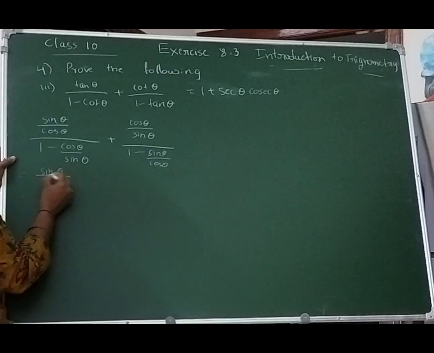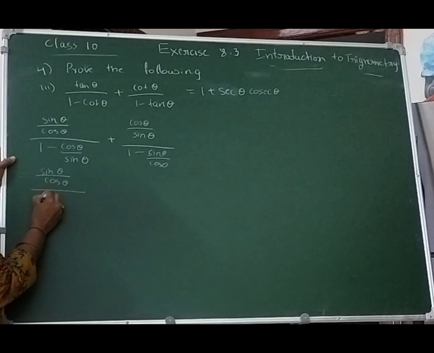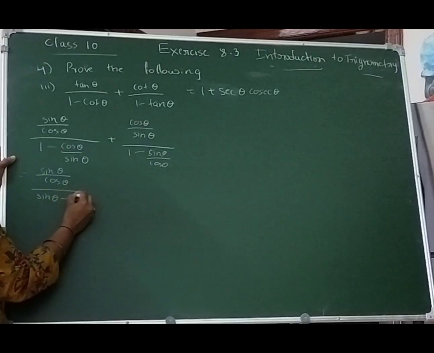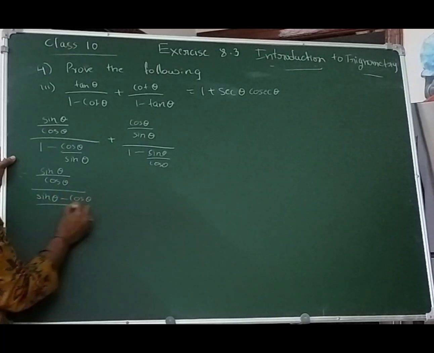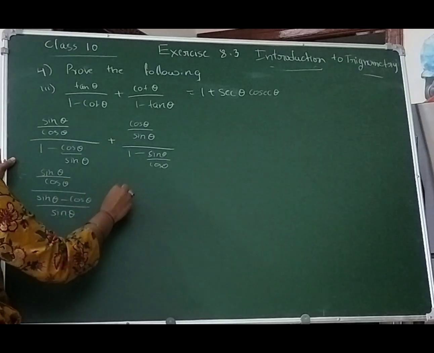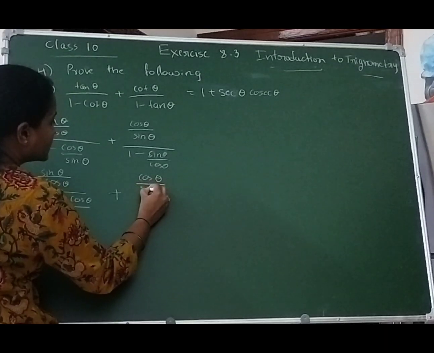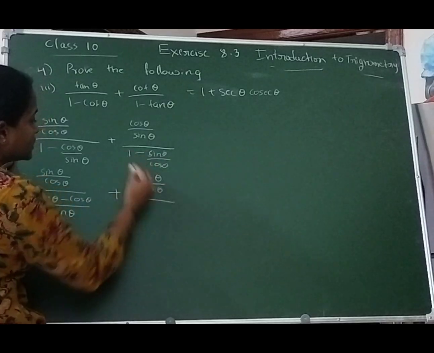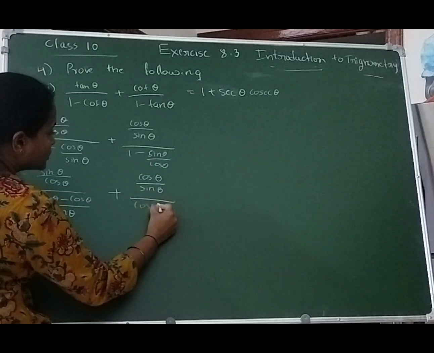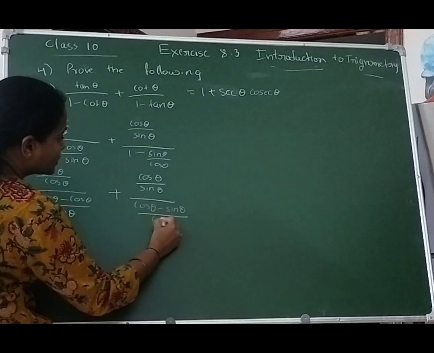So we have sin θ by cos θ whole divided by (sin θ − cos θ) divided by sin θ, plus cos θ by sin θ whole divided by (cos θ − sin θ) divided by cos θ.